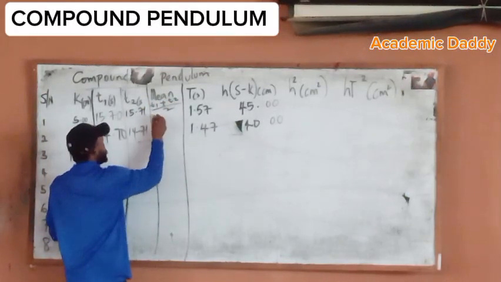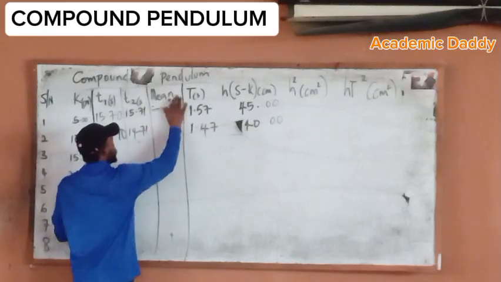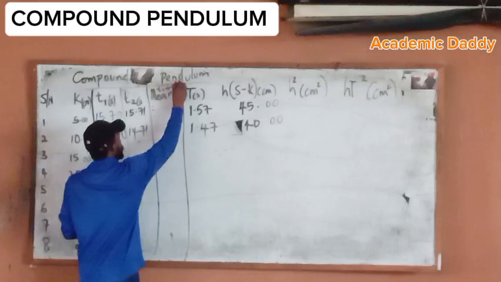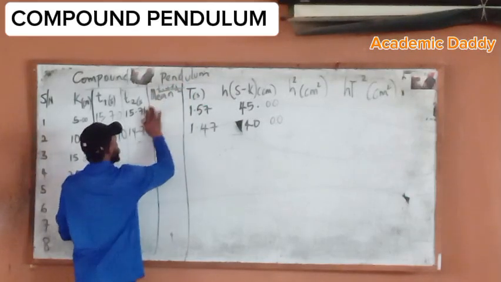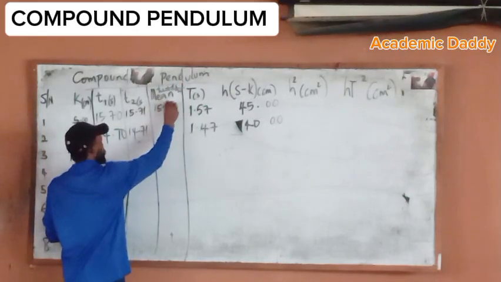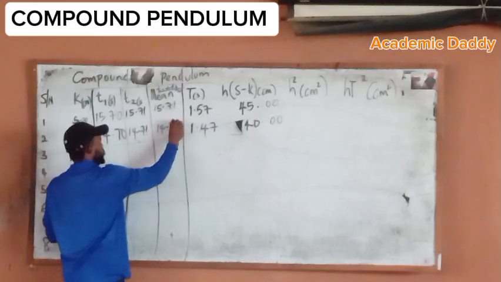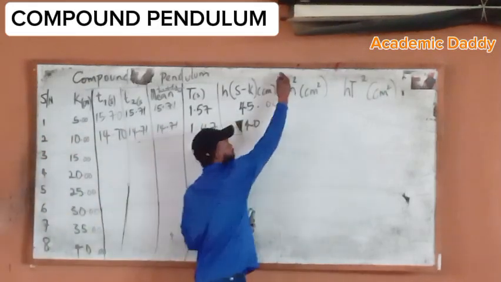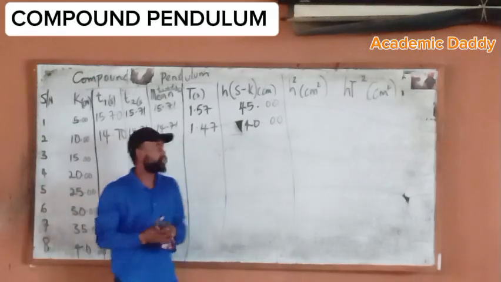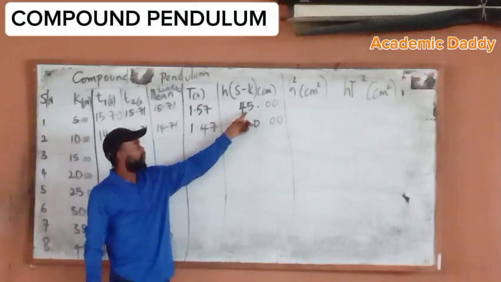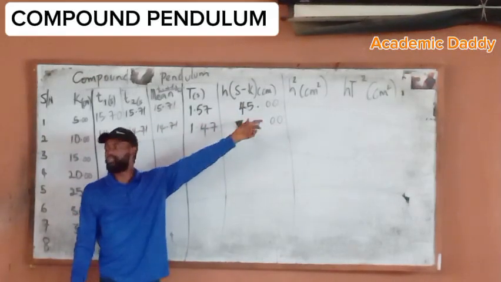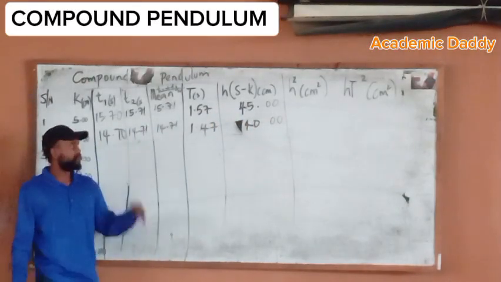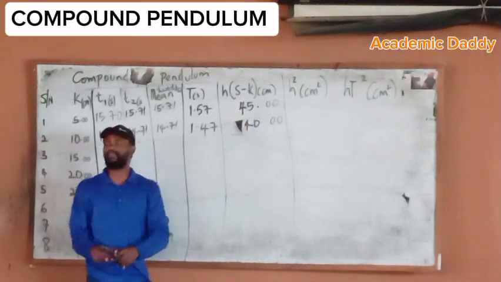For this one, T is T1 plus T2 divided by 2. So it should be 15.71. It should be 14.71. Alright, now my h square. To get my h square, we'll simply say 45 raised to power 2, 40 raised to power 2. And that is how I will do it for the others. Raised to power 2. Whatever I give you, 45 raised to power 2 is what?